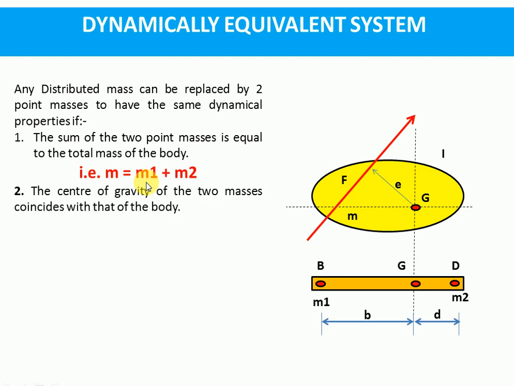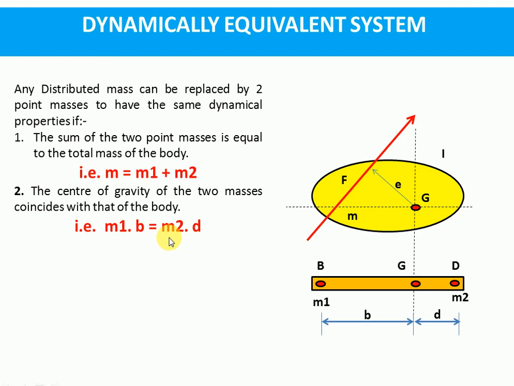Second, the center of gravity of the two masses coincides with that of the body. That is, G is the center of gravity of the 2 point masses on this massless link, so it must coincide with that of the body. That is, m1 into b should be equal to m2 into d.